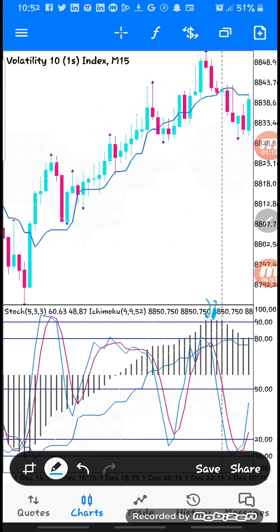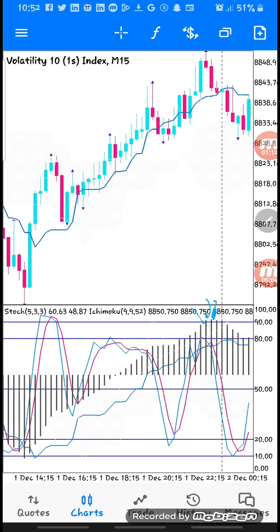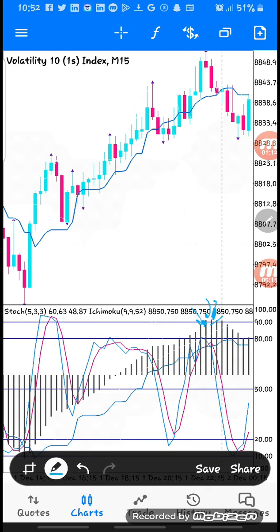So when the first stick closes like that, and the new one opens and this one is still above level 90, that's where you should enter a sell position.